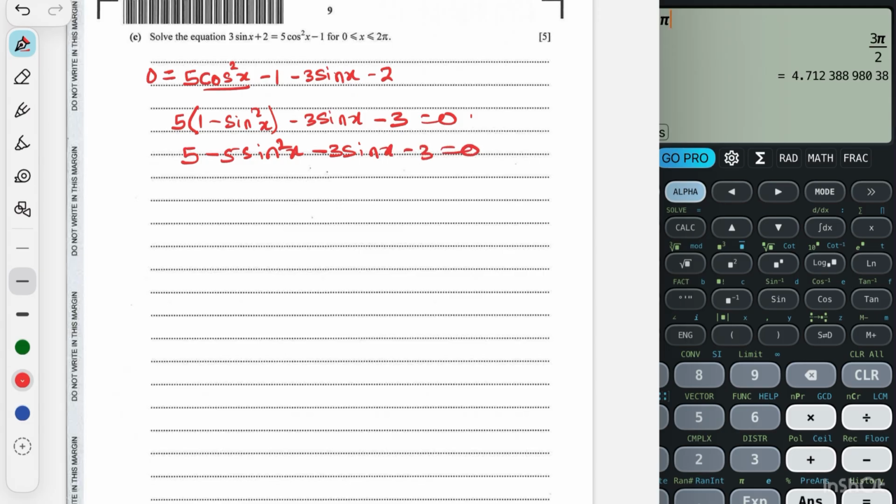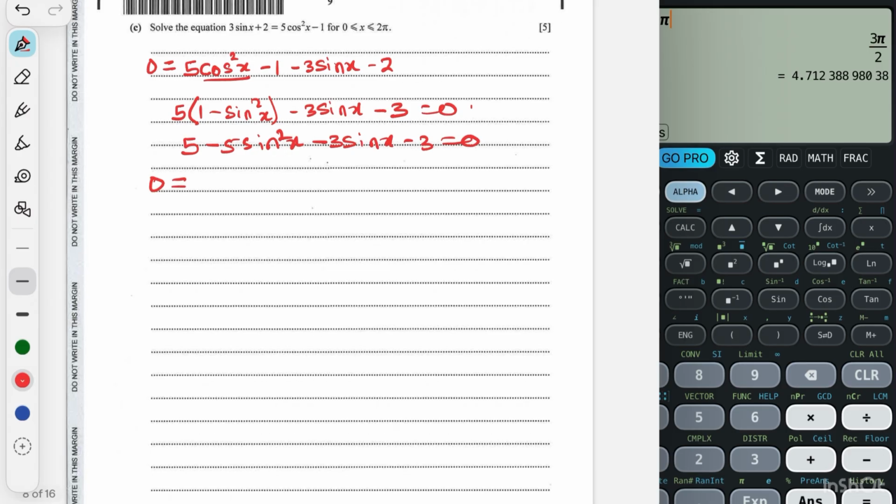So, okay, I will just move everything to the right because I need plus. So I'm just moving things around. So 5 sine squared x plus 3 sine x, then this will be minus 2. So I'll just check again. So yeah, that should be correct. Then I will just use calculator.